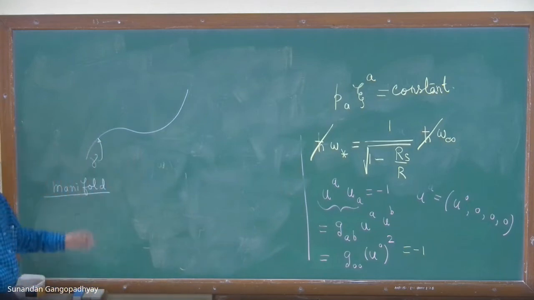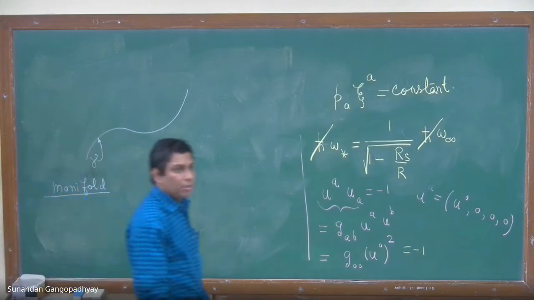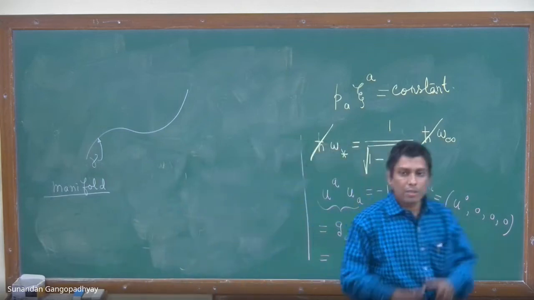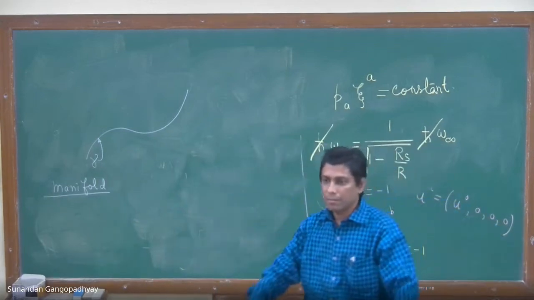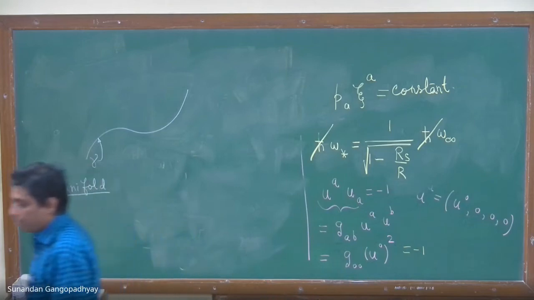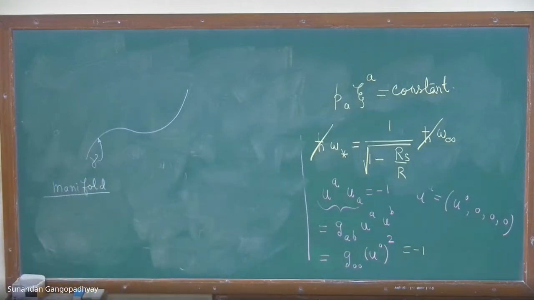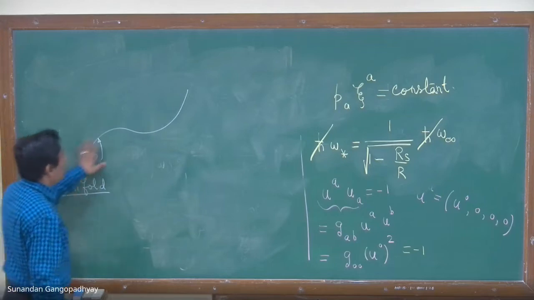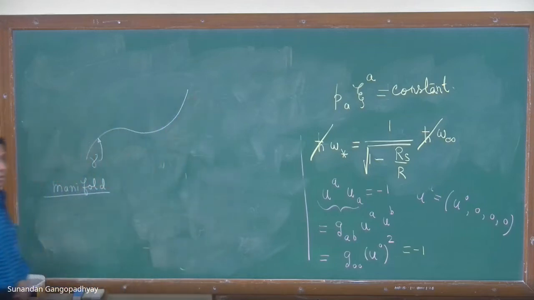This is a manifold. Roughly, I will not give you the rigorous definition of a manifold, but you can think that any curved surface you can call a manifold. Example, the surface of a sphere, that is a manifold. Okay? And on that arbitrary curved surface, you have some curve like this, which I call gamma.